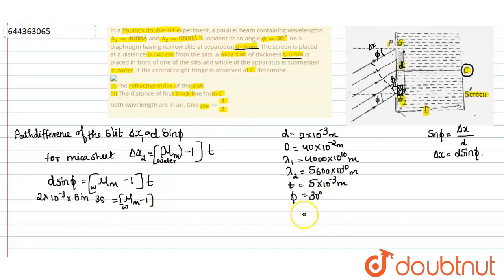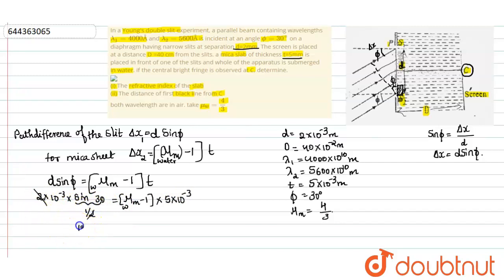We know the value of mu m for air, but we don't know the value of mu m with respect to water. First we need to calculate that, into t, which is 5 into 10 to the power minus 3 meter. And sine 30 is nothing but 1 divided by 2. This 2 and this 2 cancel.